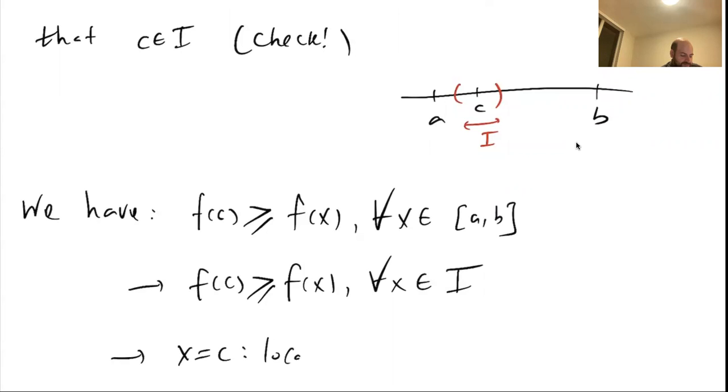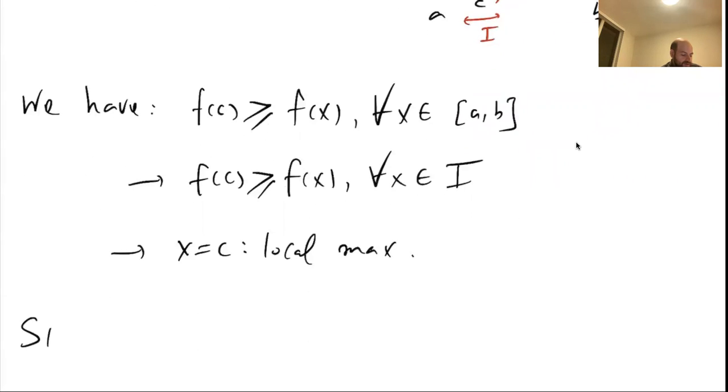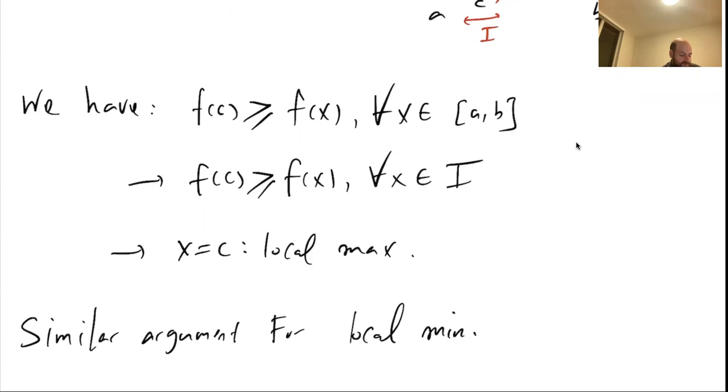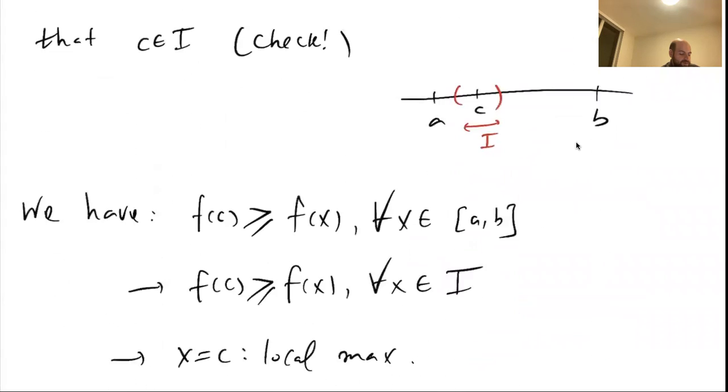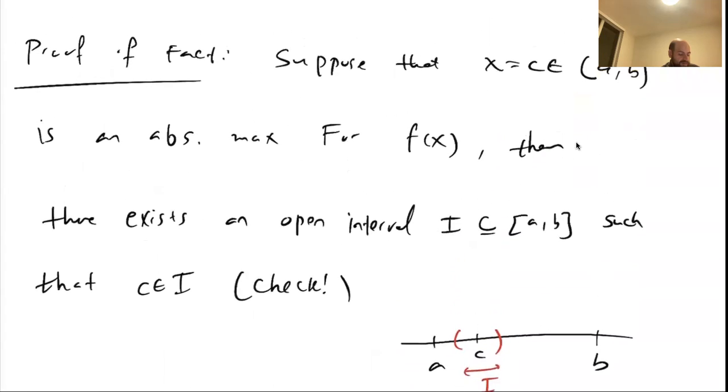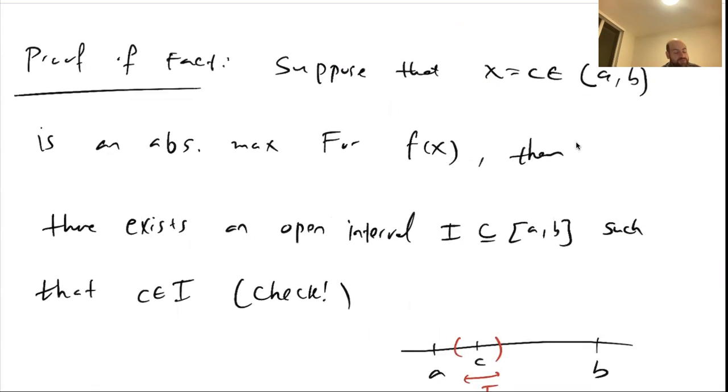A similar argument, of course, holds for local min. All right, so for local max, we showed that if a number is an absolute max, then it will be a local max, as long as the number is not an endpoint.